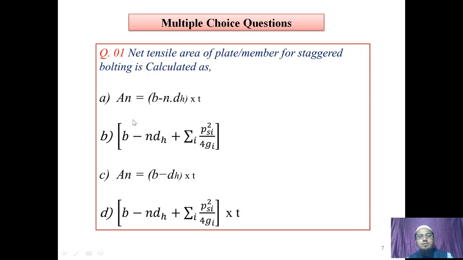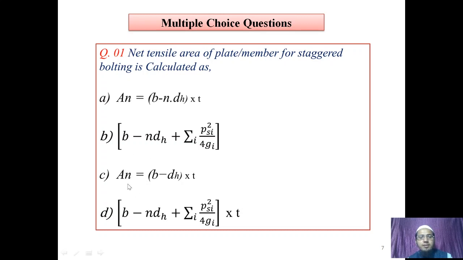Now here first option is A_N equals B minus N D_H into T. We know this is the formula for chain bolting. Option B is only one dimension. Area will be in mm square, but here we will get only width or reduced width.